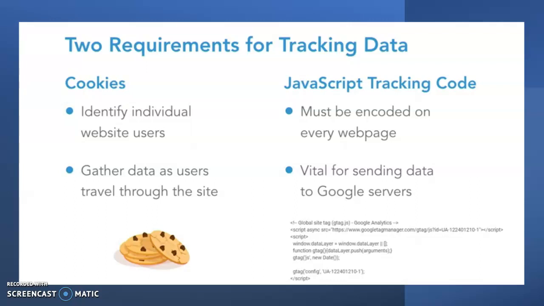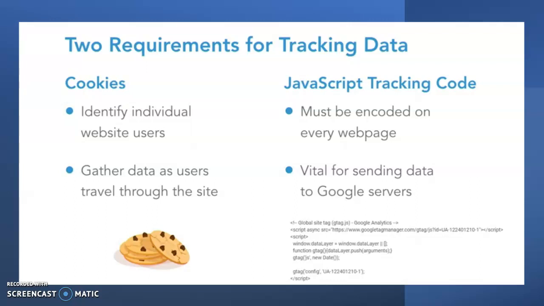There are two requirements for tracking data. One is cookies. They identify individual website users and gather data as users travel through the site. The other is JavaScript tracking code. This is a code that you're given when you set up your Google account.